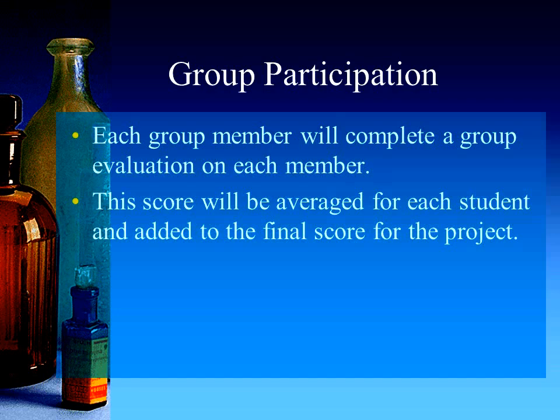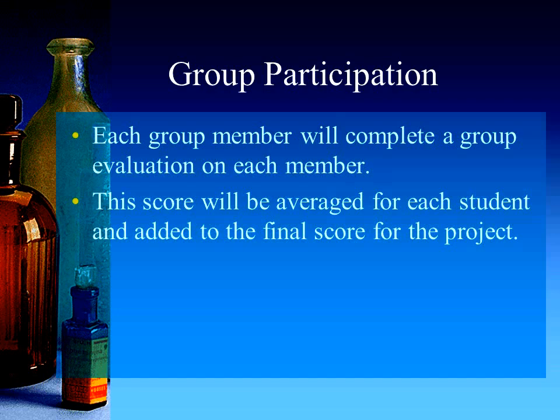Then the last part of this, as I said, is group participation. Each member of your group will receive a group participation grade. There is a rubric posted, again, that says group participation. And when you are done, when you have posted your presentation up, then what you want to do is look at that rubric and decide a grade for yourself as well as for every member in your group based upon that rubric.